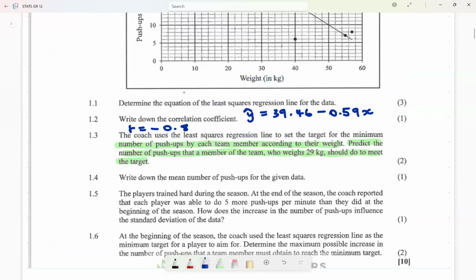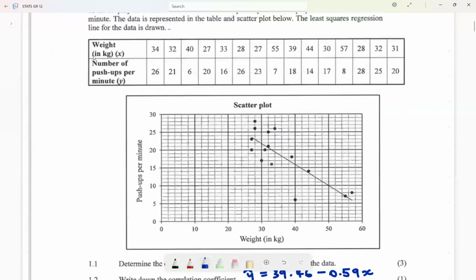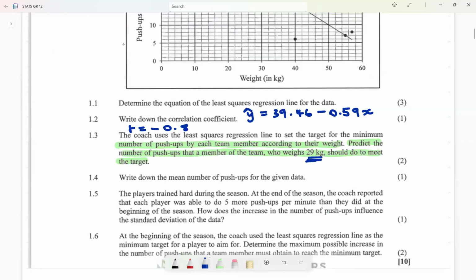Okay, so they say predict the number of push-ups for a member of the team who weighs 29 kg. Remember the kg is the weight, the x. So what I'm going to do is substitute x as 29 to see how much this particular person is expected to do. 89.46 minus 0.59 multiplied by 29.